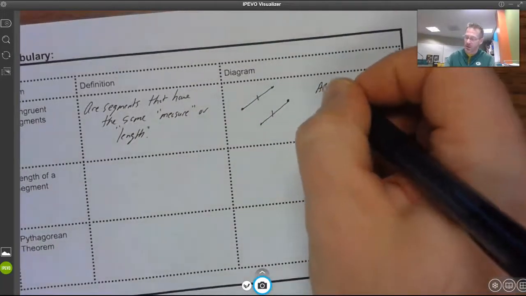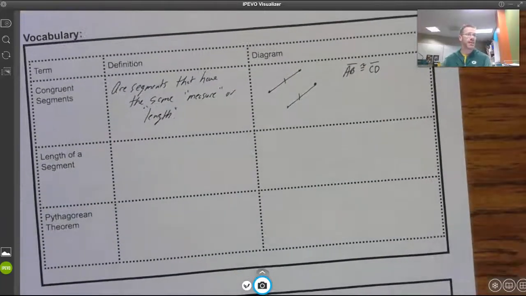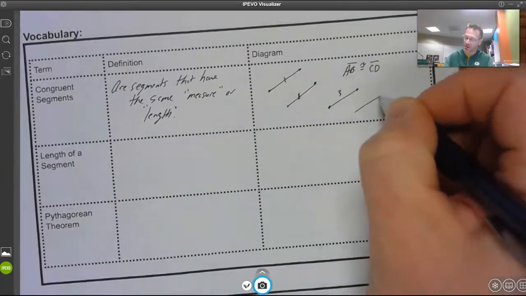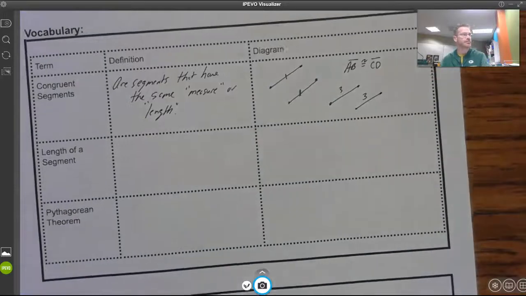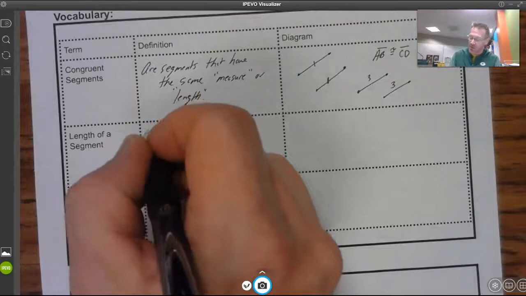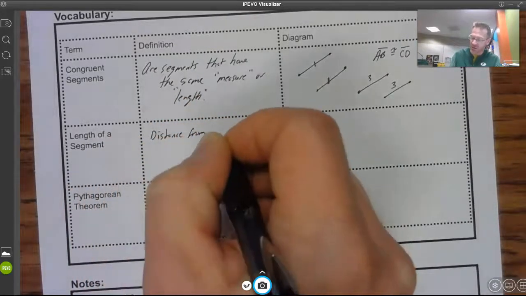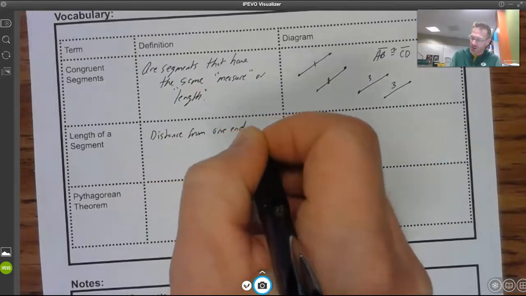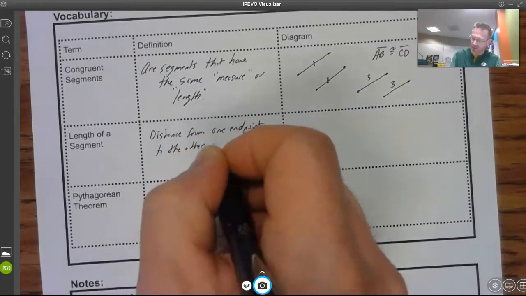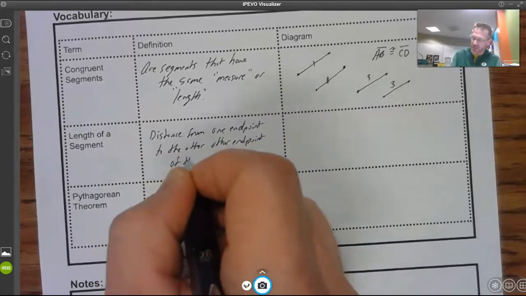We know this notation, same measure. And then maybe we have numbers, so this is 3, this is 3. The length of a segment, we've already talked about this, is basically the distance from one endpoint to the other endpoint of the segment.